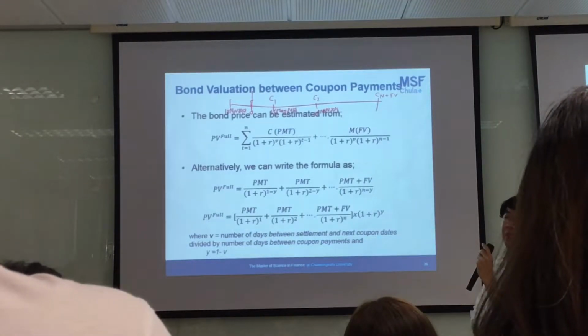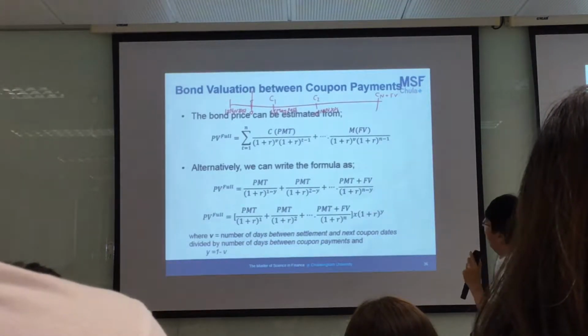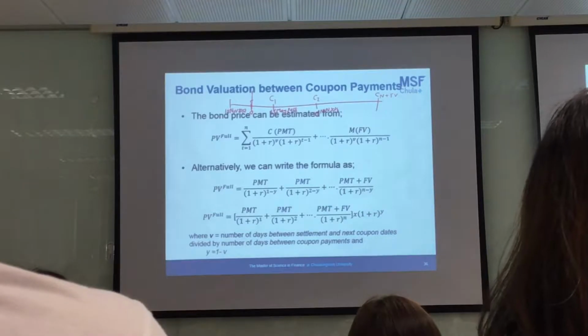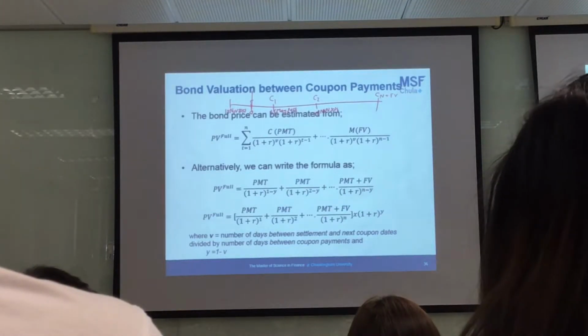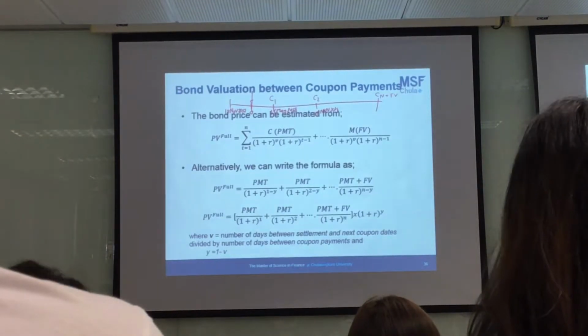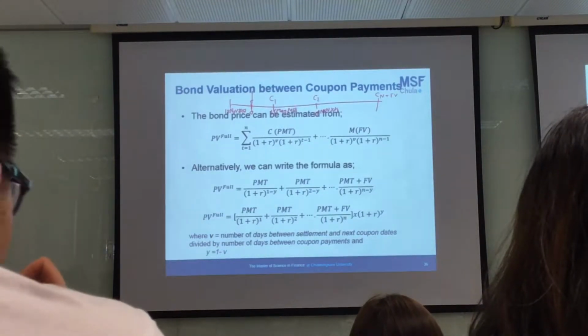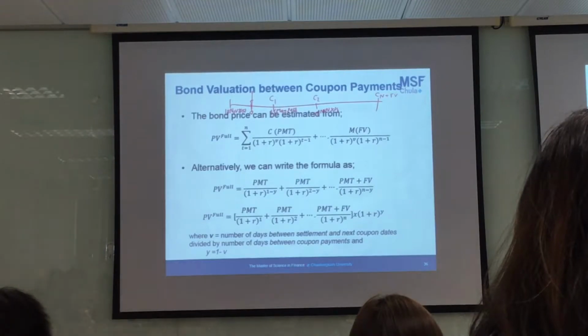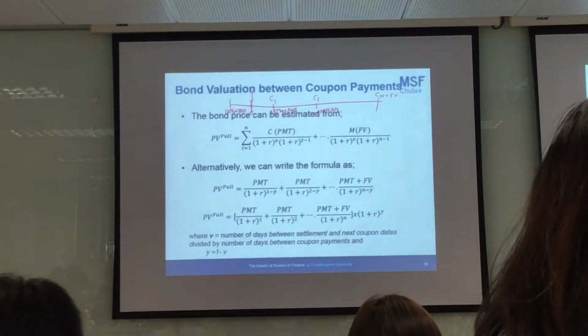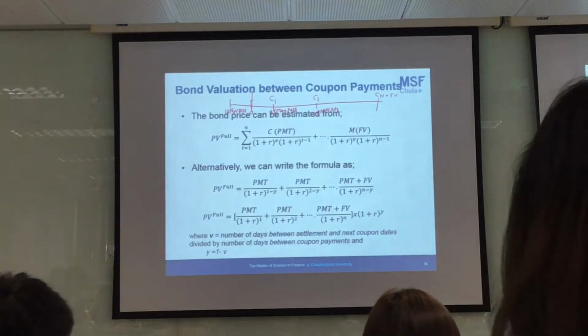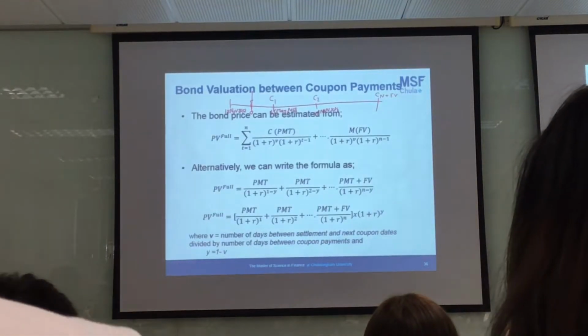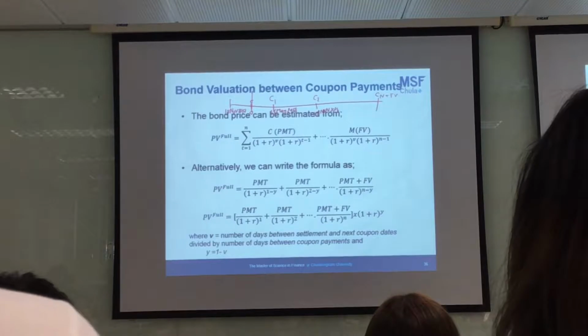It can be F, FV or M. In this equation, it's a summation of the present value of the coupons, and the present value of the first coupon payment is just equal to C divided by 1 plus r, raised to the power of t, when n equals 1.